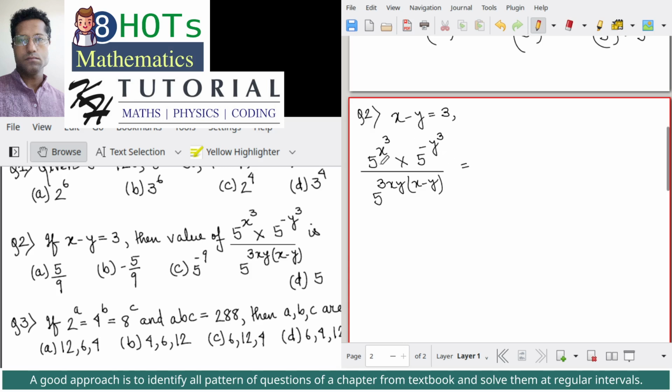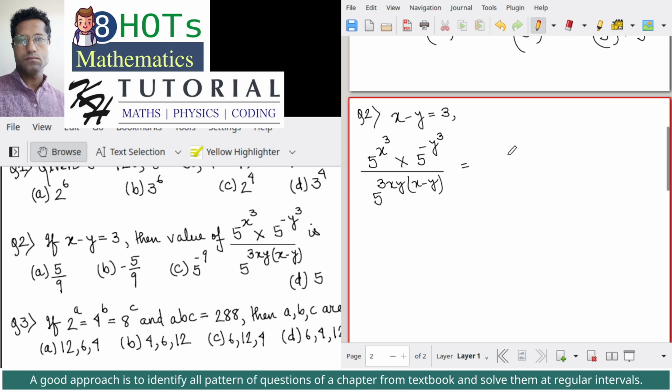The first is 5 to the power x cube, and the second factor is 5 to the power minus y cube, and the denominator is again an exponential term. All the factors are exponential terms with base 5. So I can simplify this whole expression as a single exponential term with base 5, and the power should be such that I can evaluate its value based on the fact that x minus y is equal to 3.